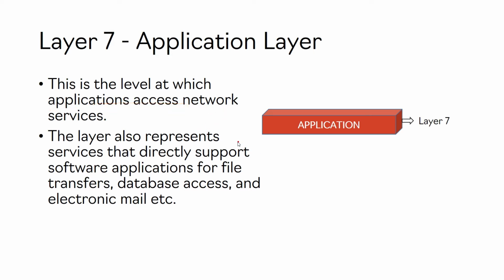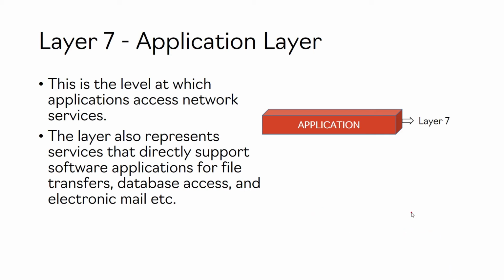So this layer is where whatever application you are using gets to interact with the network, and it represents all the services that directly support software applications for services such as file transfer, database access, emails, and other services on the network. So basically the application layer is just where your application is connected to the network.